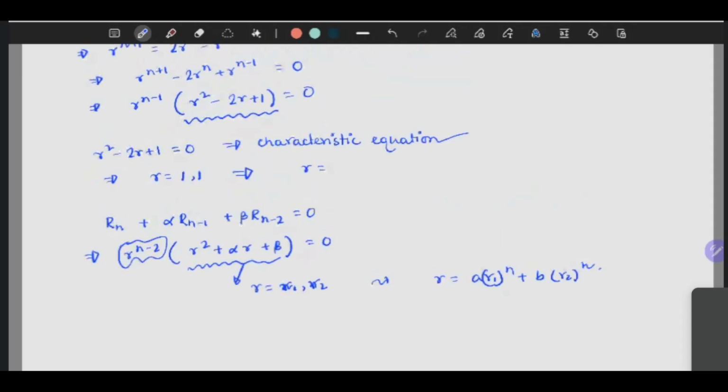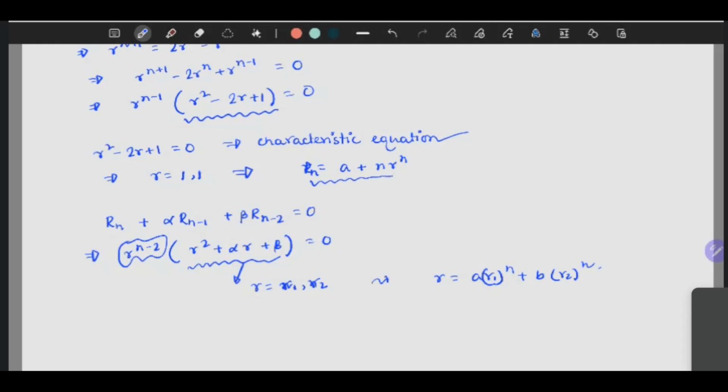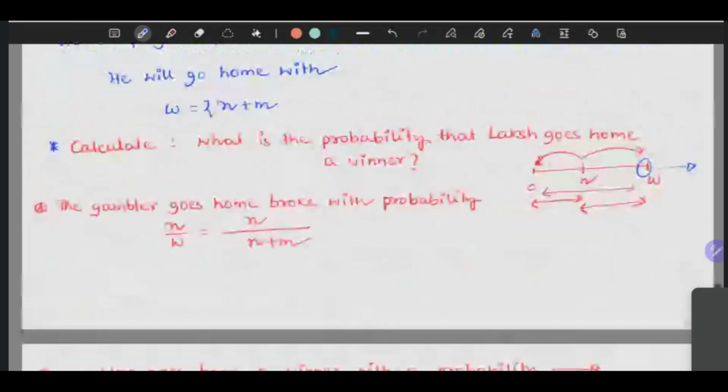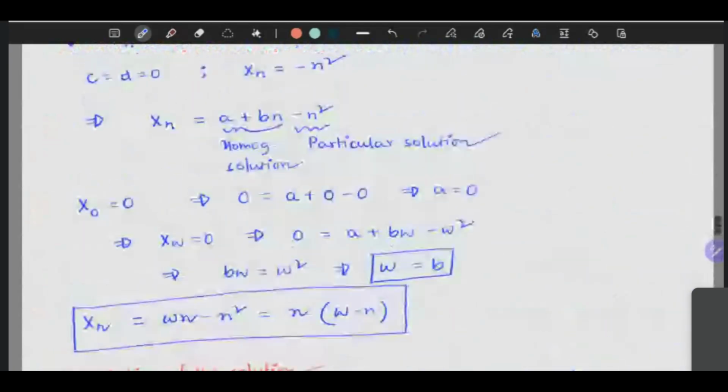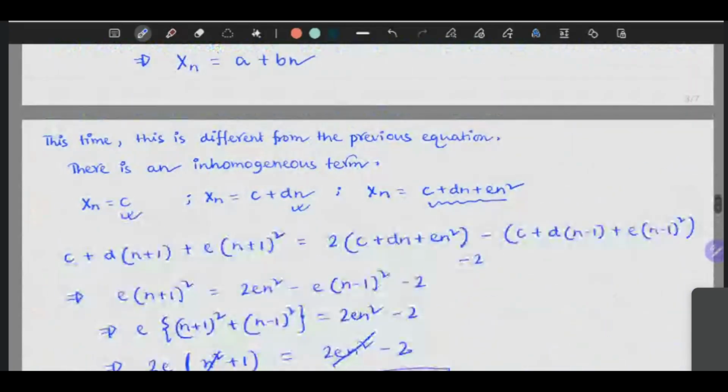So let's say this is the thing, then R_n will be a plus b n, times r to the power n, with an extra n, for the same solutions that we have done here. But in this case, there was an inhomogeneous term, minus 2, there.